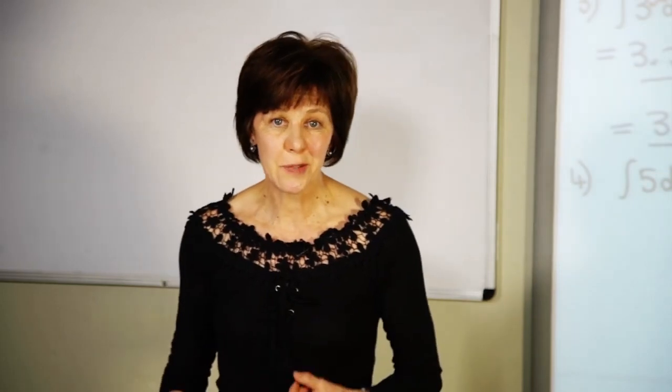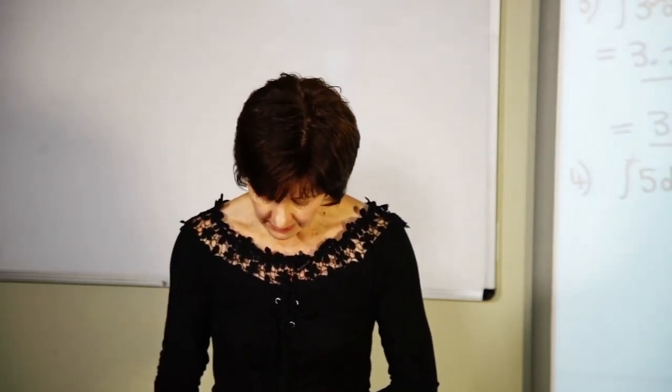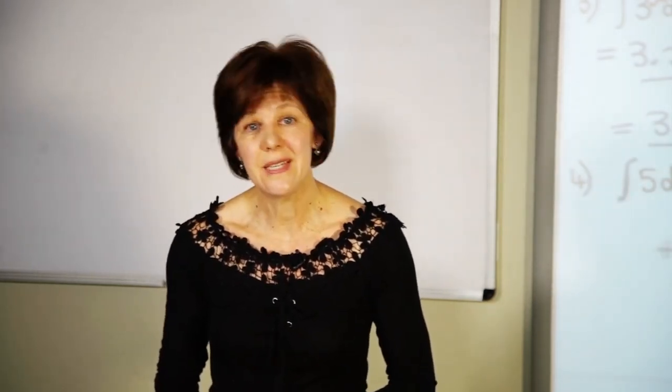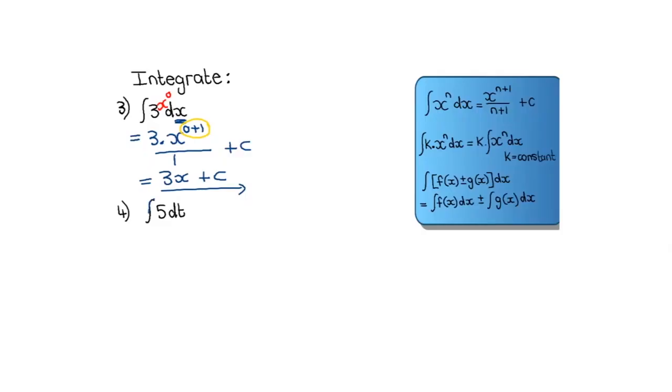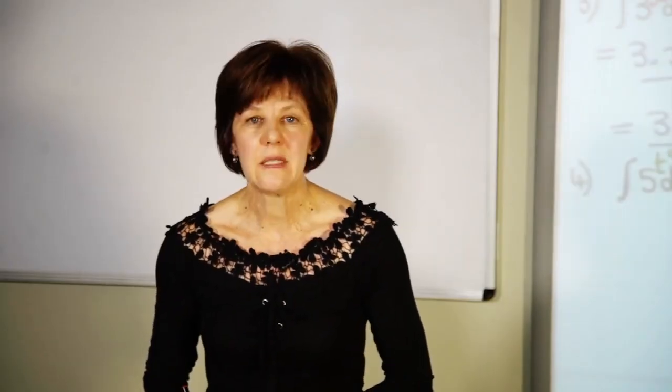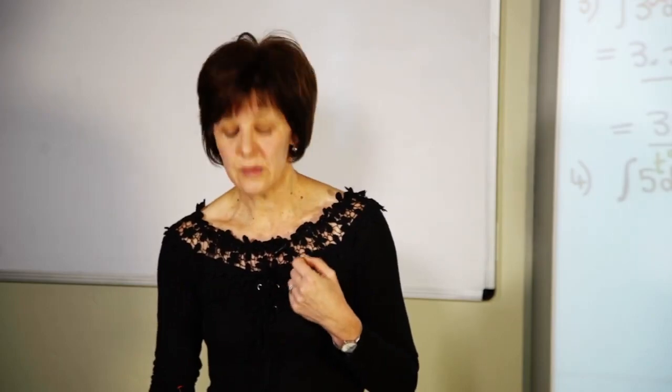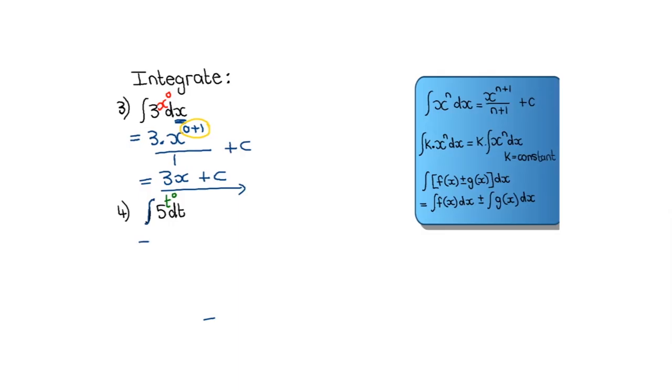If we look at the next one, it says I have to integrate 5 dt. So now the unknown that I actually have next to the 5 is t to the power 0. So since I'm working in terms of t, I've got a t to the power 0.